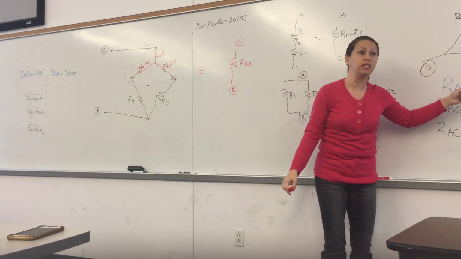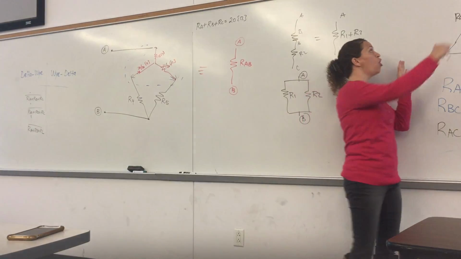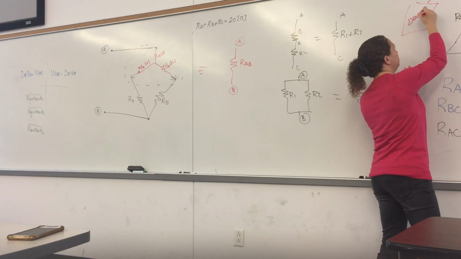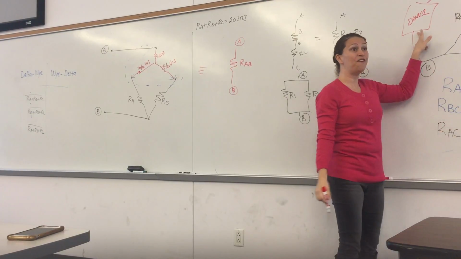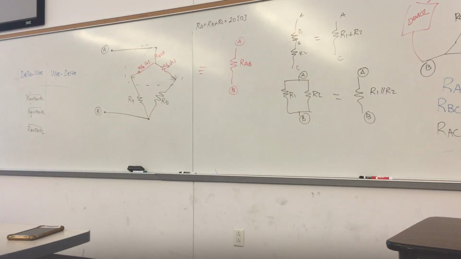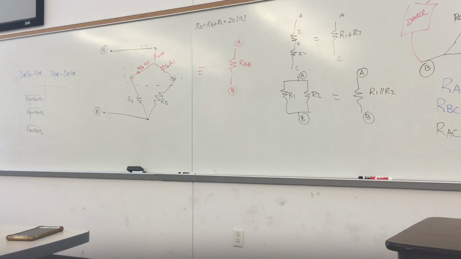Two circuits being equivalent to each other means that when you connect something between A and B, let's say you have another device, this device being connected to A to B of this one, or A to B of this one, the device shouldn't feel any difference. It shouldn't be able to understand if it is connected to the delta or to the Y. That's what equivalency means, right? So the resistance that the device will see between A and B will be the same no matter which circuit it's connected to.